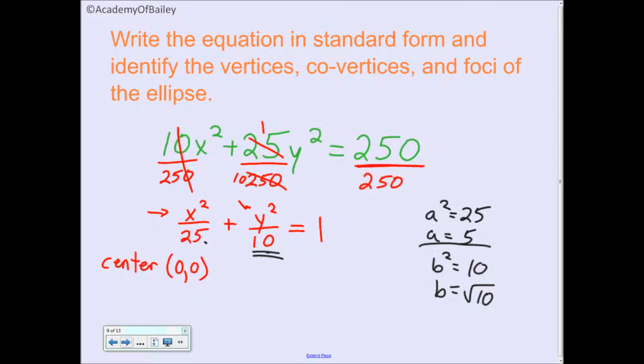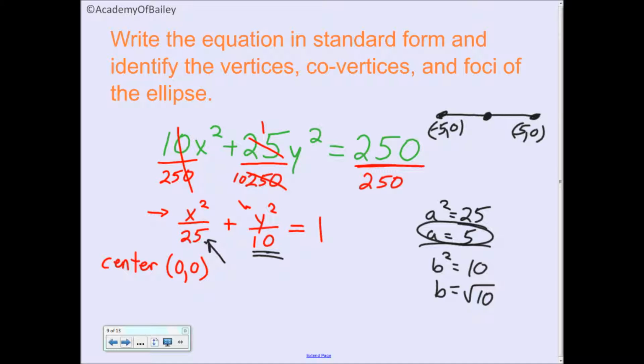So the vertex is 5 units away from the center. Well, if a is underneath the x, x minus h in parentheses, then it's going to have a horizontal major axis. If the center is at 0, 0, 5 units away puts me at 5, 0, and it also puts me at negative 5, 0.